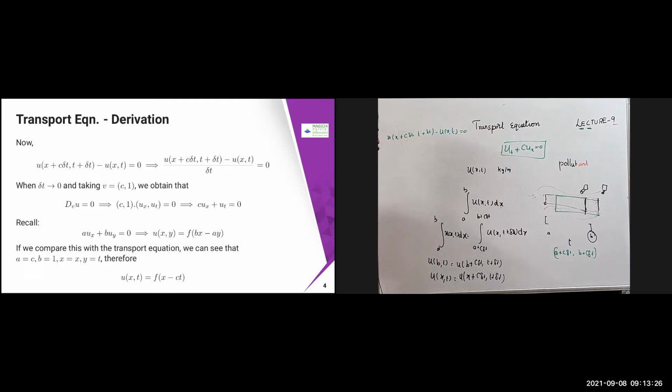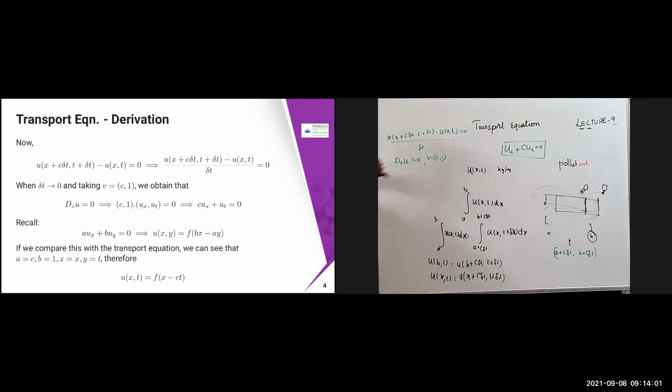Δt is a small interval, so I divide by Δt, and the right side is still 0. When Δt tends to 0, you get the equation D_v u equals 0, because both x and t are changing, where v is nothing but (c, 1). When Δt tends to 0 and taking v equal to (c, 1), this is nothing but the directional derivative.